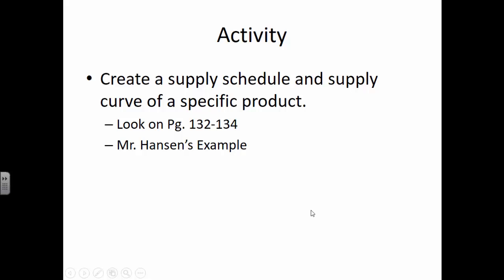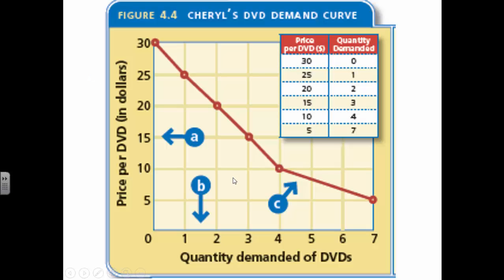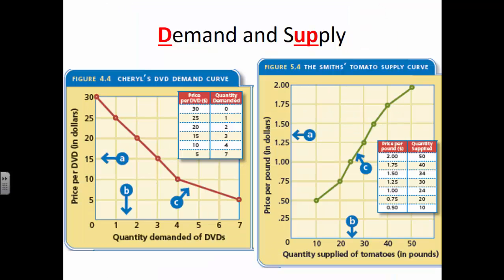So now you're going to create your own supply schedule and supply curve. You've got my examples and the examples in the book to help you. And again, remember, do not create a demand curve. We're looking for a supply curve. You're all doing this individually. Just to make sure you know in the future the difference between a demand curve and a supply curve, here's a way to remember.